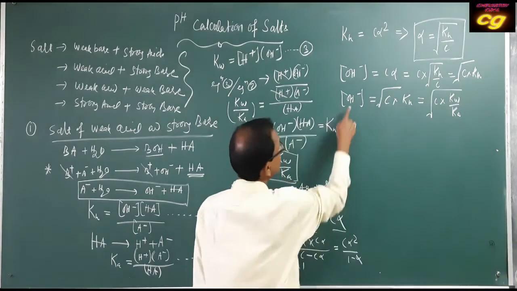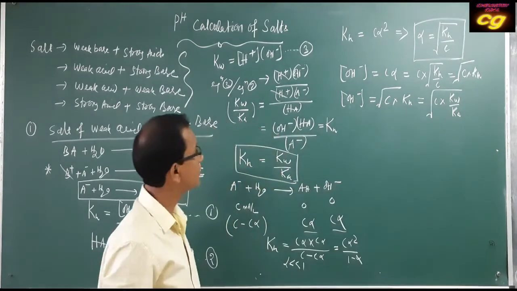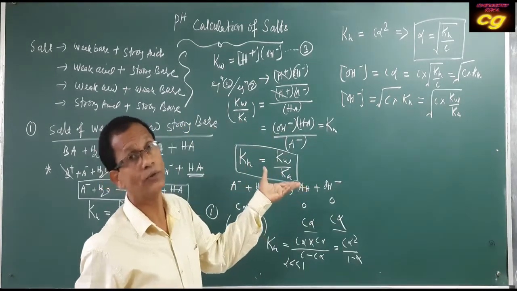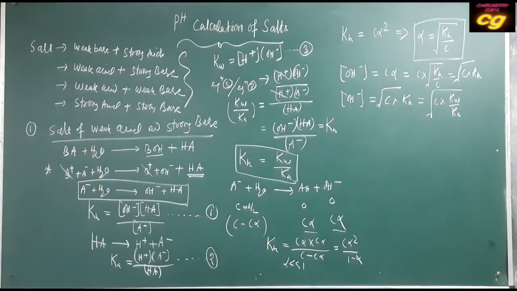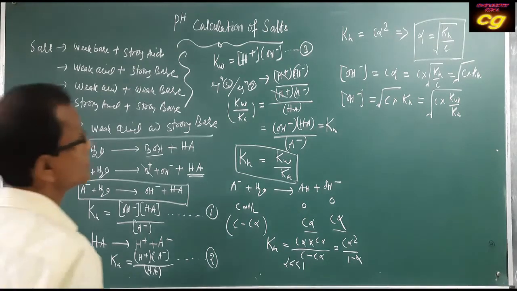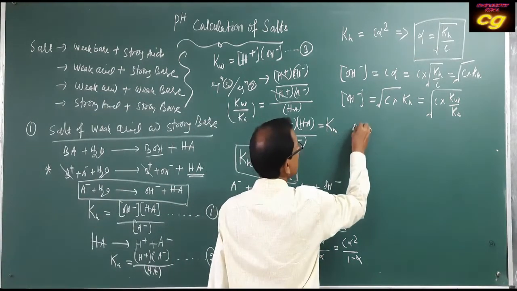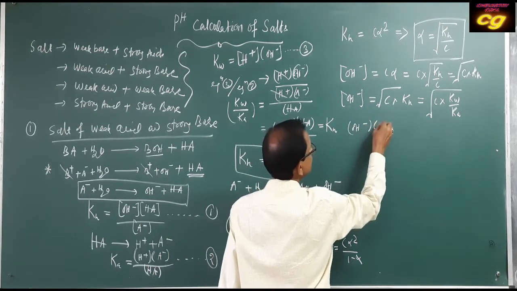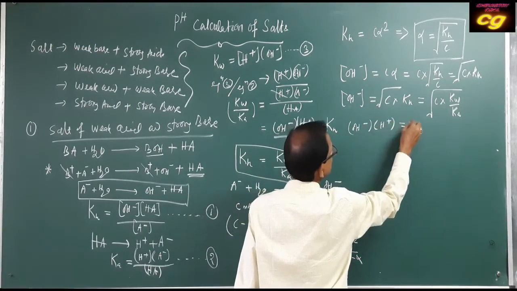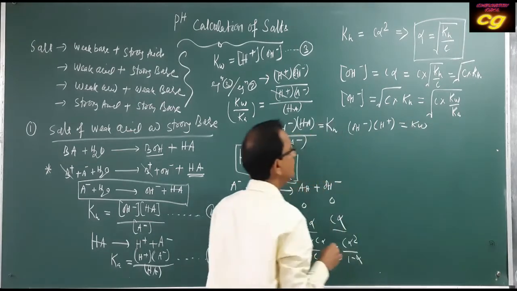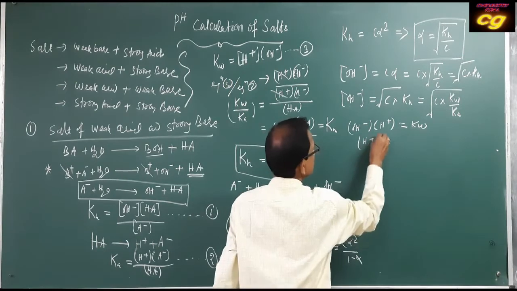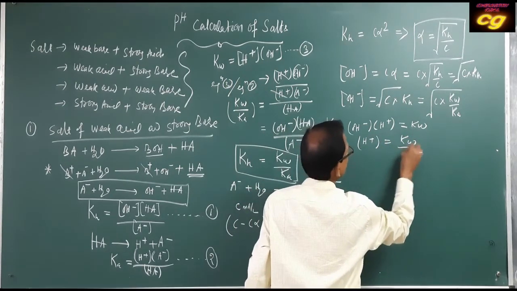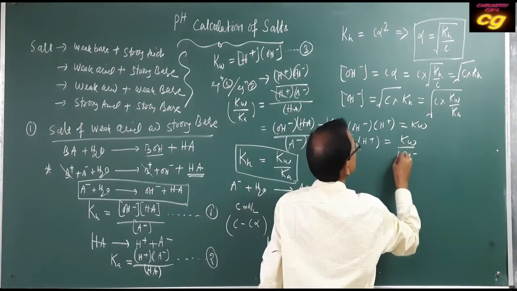Okay. Now OH minus concentration is this much, but to calculate the pH value, you just think, how can you calculate the value of H plus ion? We know OH minus concentration into H plus concentration is equal to Kw. Already we have read this one. So H plus ion concentration will be Kw by OH minus concentration.